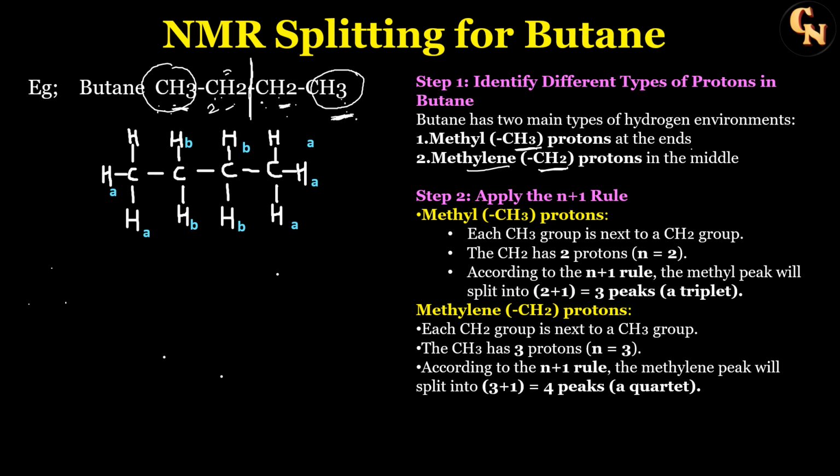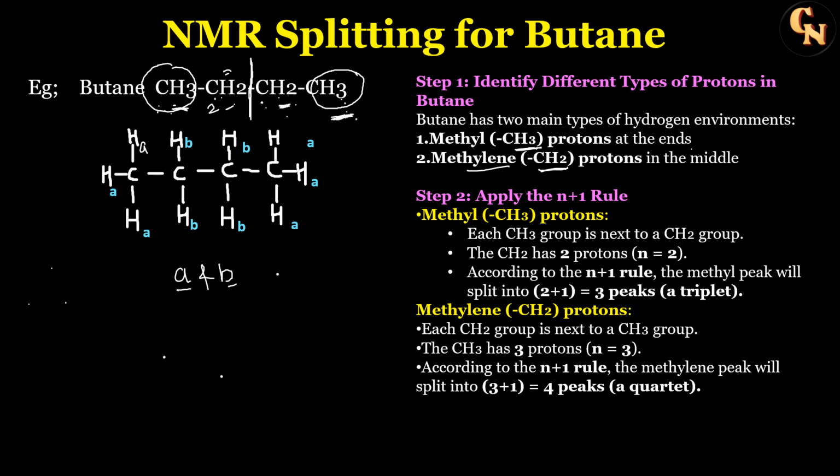So if you try to find the environment, you will find that in butane there are basically 2 types of protons. I have labeled the terminal protons as A, and the methylene protons as B. So we have only 2 types of protons, labeled A and B. With the same environment, we label them with the same letters.